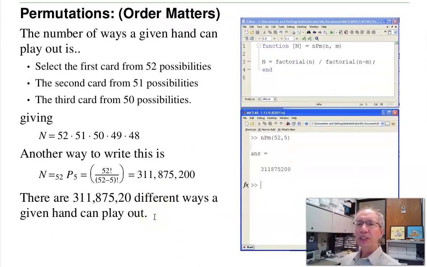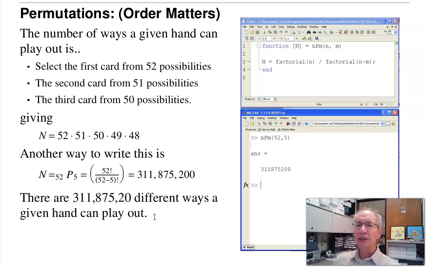Let's go through some permutations. Now, suppose the order matters. So for example, I'm going to deal out a poker hand. That's a hand of 5 cards. If the order matters, such as I've got the first card, then the second card, the third card, that'd be like 5-card stud. How many different ways can 5-card stud play out? In that case, order does matter because the order that you get the cards affects how the betting goes.